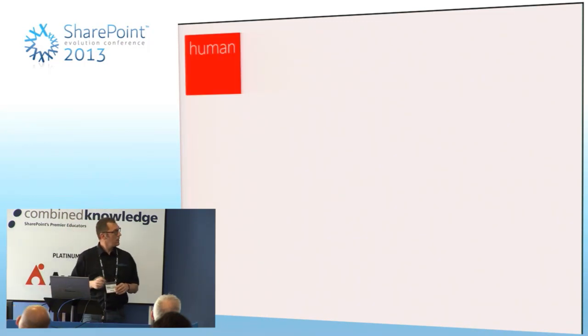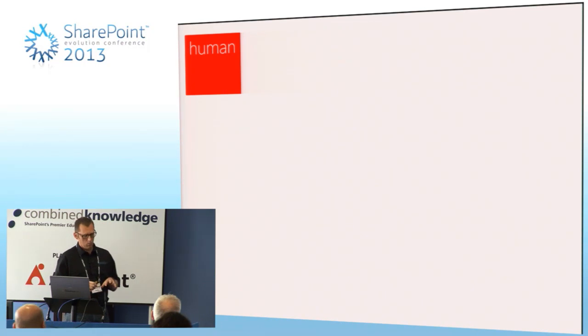In the end, what we try to make the central part of the implementation is the fact that we make everything human-centric. So the humans, the people in the company are central instead of the company itself.